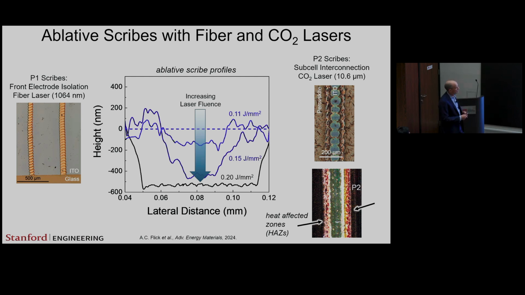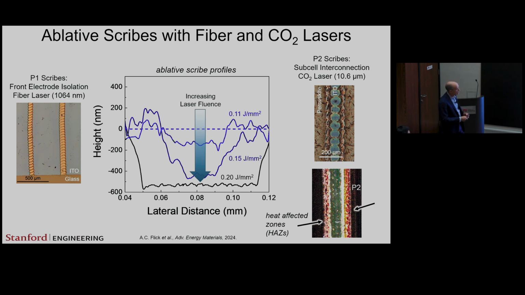So here's an example of a typical ablative scribe coming from the top. This is, which scribe is this? It should say it somewhere here, a P1 scribe.